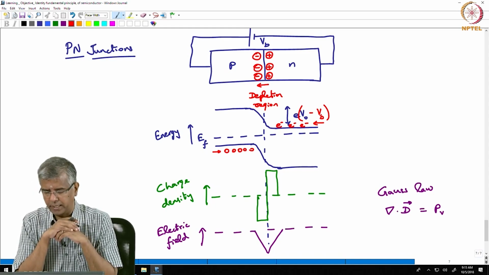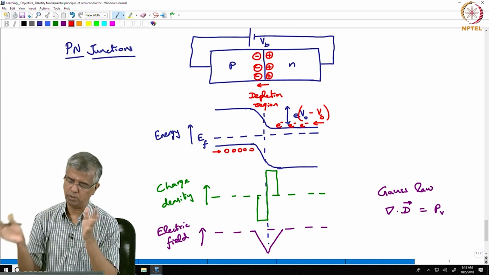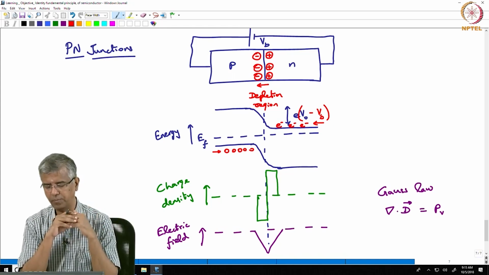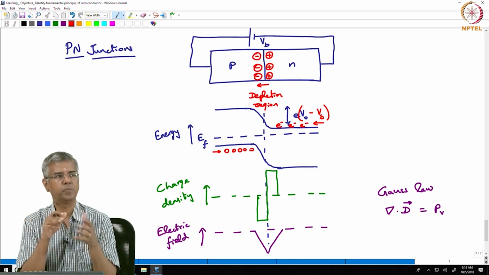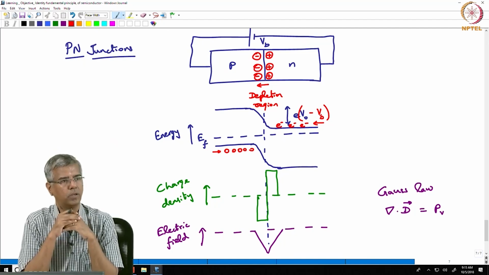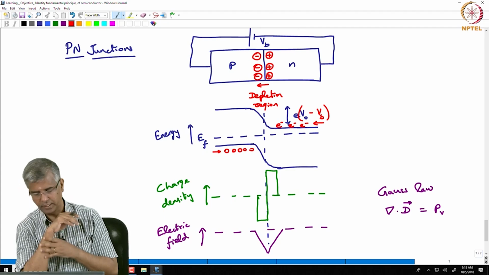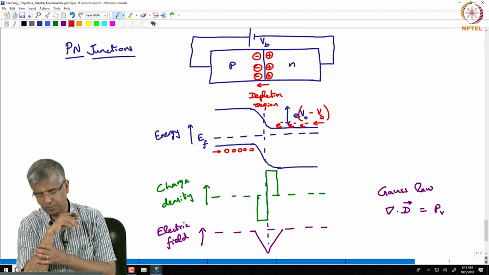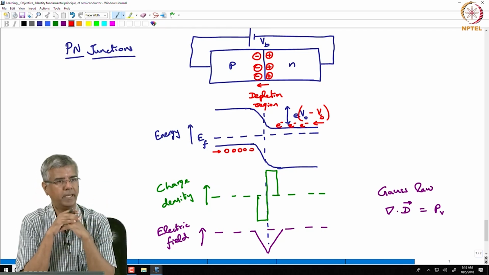So, essentially we say that, and of course, you can look at the converse also. You can say that if my bias is negative, which means that you have reverse bias, then the barrier height becomes so much more that you do not have any possibility of the charges going across the junction. The electric field potential at that junction is further enhanced.